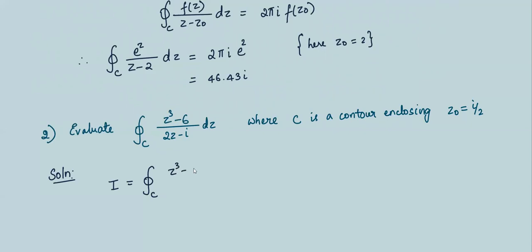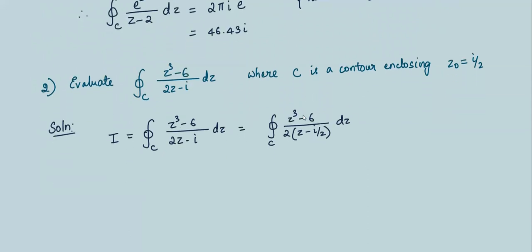Now z cube minus 6 by 2z minus I dz, we will make small changes. Z cube minus 6 upon, take 2 common, 2 times z minus I upon 2 dz. This is C. So this becomes, you take half outside.